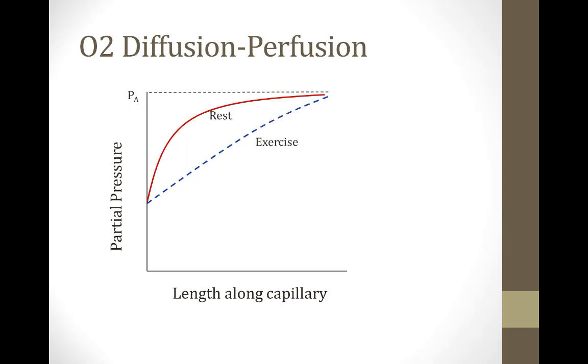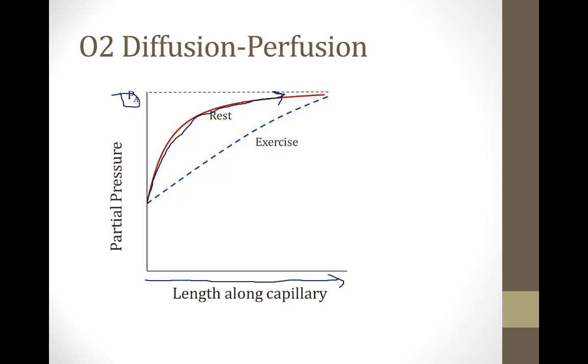Let me also mention what happens to these curves for oxygen at rest versus exercise. At rest, the blood is flowing relatively slowly as it moves along this capillary on the x-axis. The result is that it has lots of time to pick up oxygen, and it more quickly picks up the oxygen and reaches the maximum value, that value found in the lungs right here, P sub A. With exercise, the blood is flowing faster because your heart pumps faster with exercise.